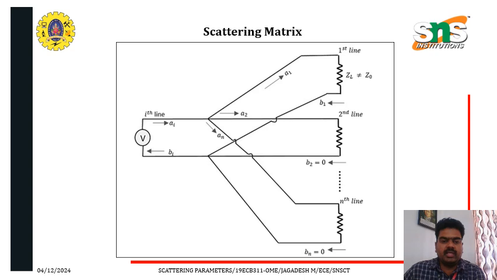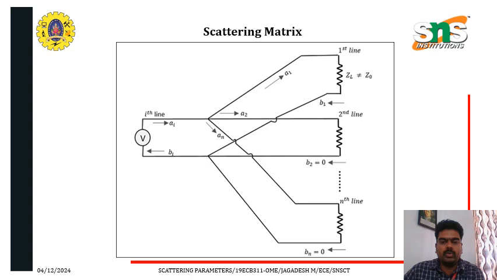You can see this is the structure of the scattering parameter matrix formation. Here V is the input and we have Ai, Bi, that is the ith line. Here we have the first line, second line and nth line. The incident waves are A1, A2 and An. Here it is B1 and B2.